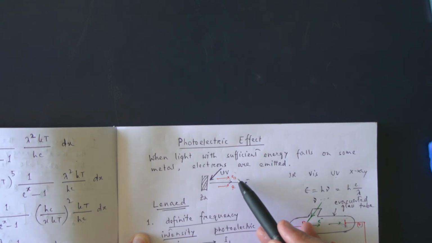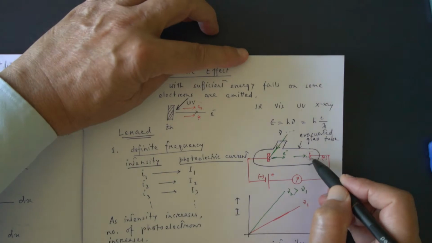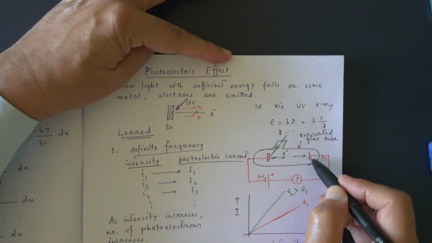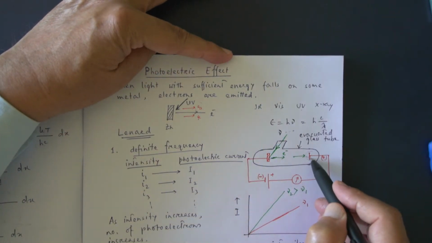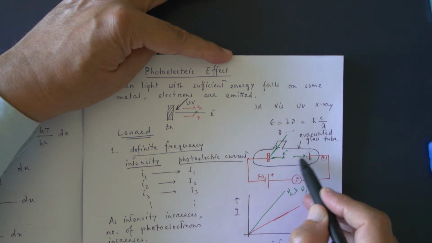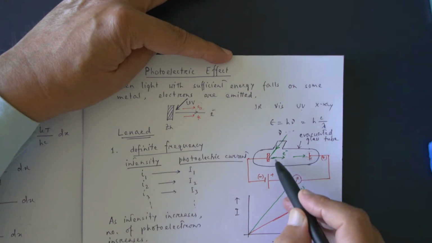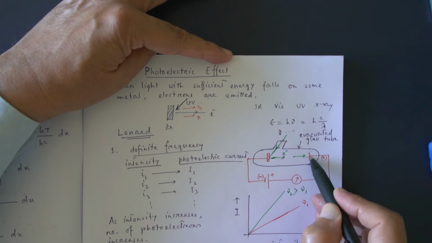Now, when you increase the negative potential here, then electrons with less kinetic energy will be stopped. I mean, when the negative potential is given, then those electrons cannot come.